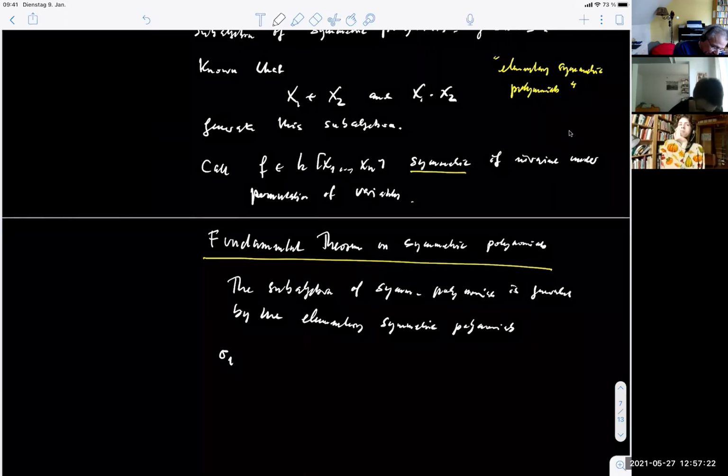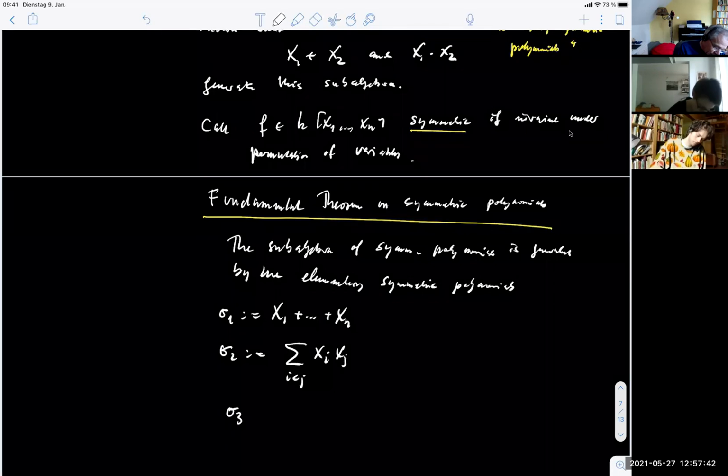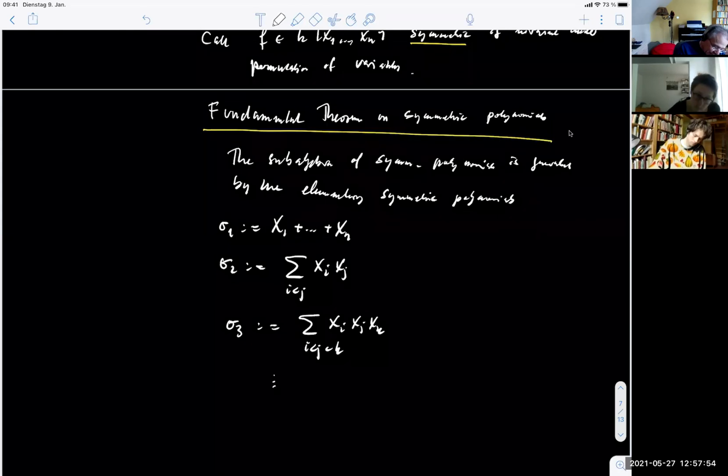Sigma 1 is the sum of the variables. Sigma 2 is the sum of all products of different variables. You see it's symmetric. Sigma 3, you take now products of 3 different variables, etc. Like sigma n, there's only one option, it's the product of all variables. So these are the elementary symmetric polynomials.